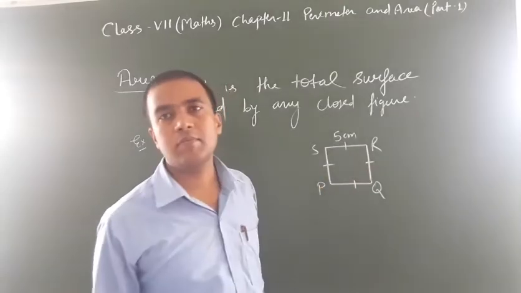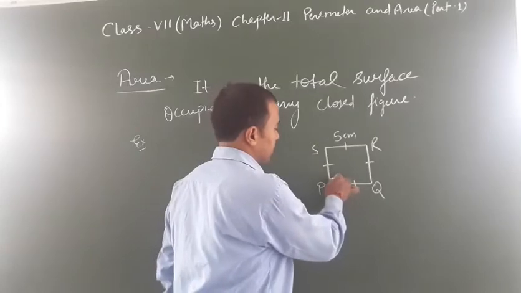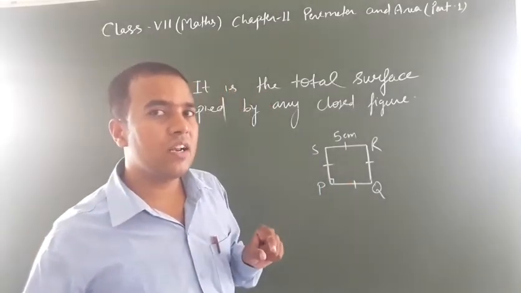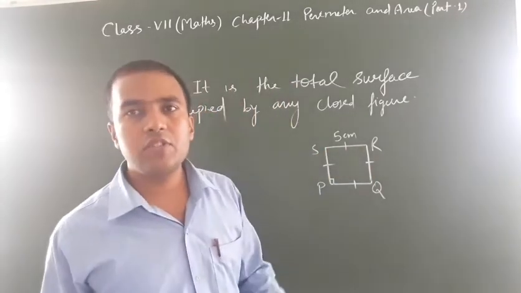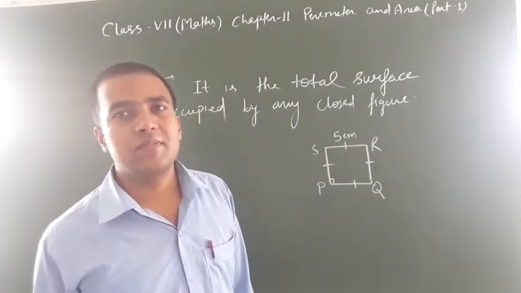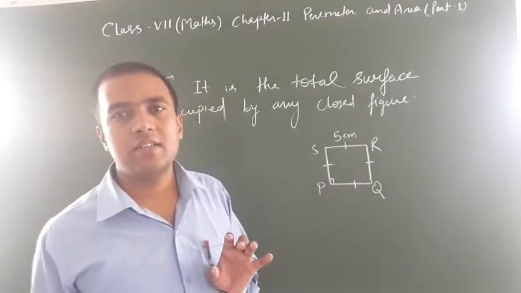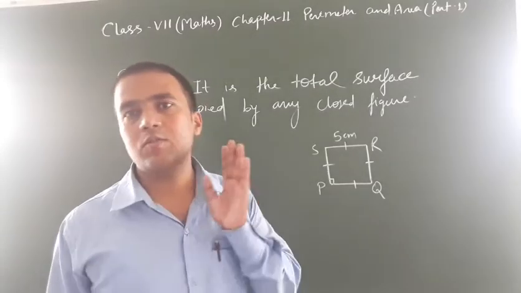Each angle is 90 degrees. But in a rectangle, all sides are not equal, only opposite sides are equal. But in a square, all sides are equal. There is a difference between a rectangle and a square. Clear?